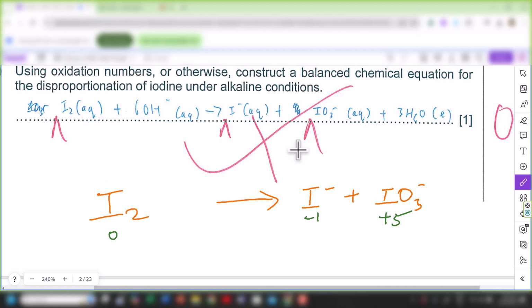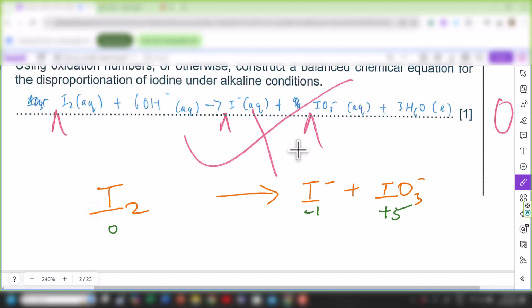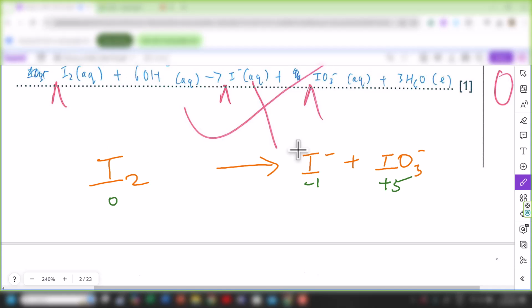In this case, one iodine molecule itself will not work, because one of the iodine has to become +5. So you end up with a situation where one iodine needs to lose 5 electrons to become +5.